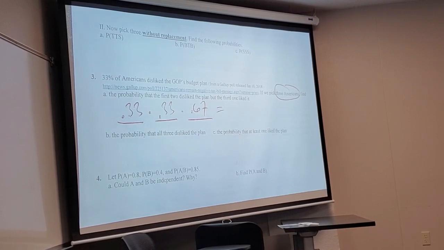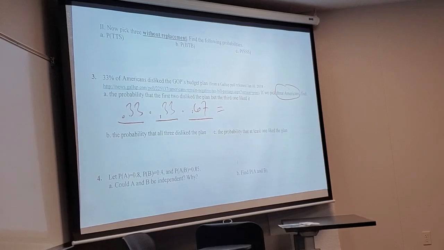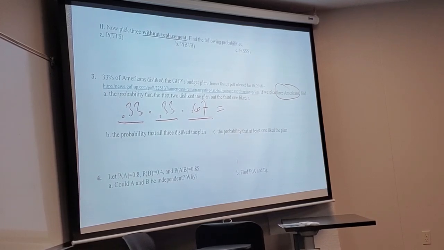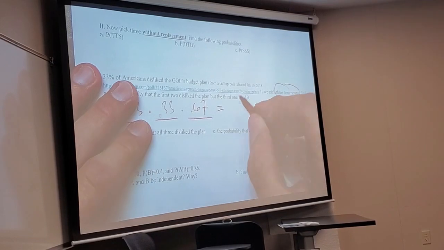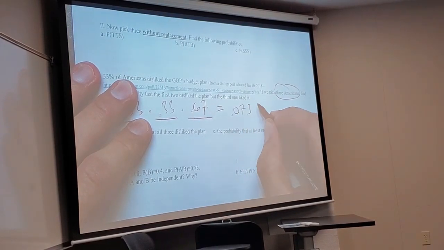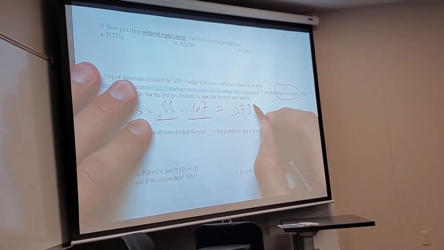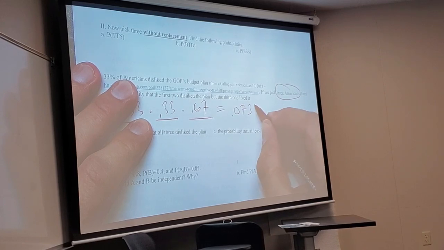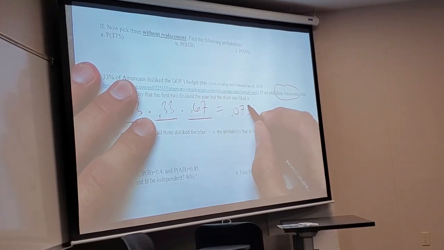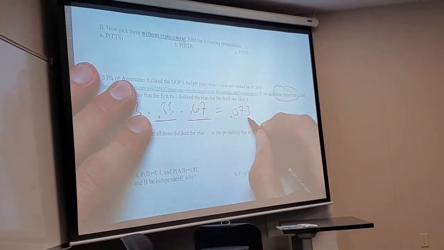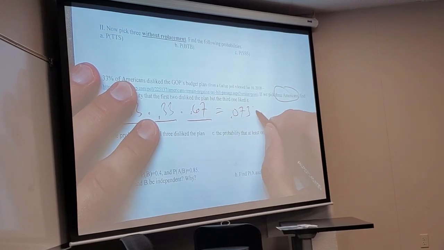I think it's 0.07 and then something. What is it? 0.0729, rounded up from 0.07263. Okay, so then I would accept this.